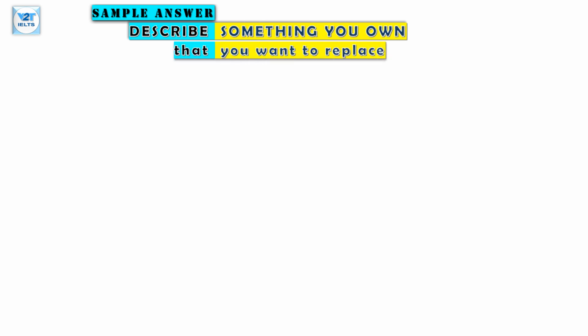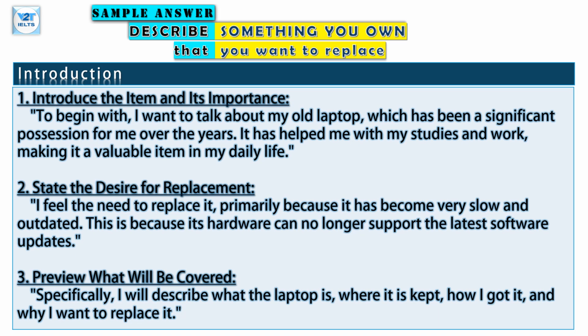Sample answer. Describe something you own that you want to replace. To begin with, I want to talk about my old laptop, which has been a significant possession for me over the years. It has helped me with my studies and work, making it a valuable item in my daily life.